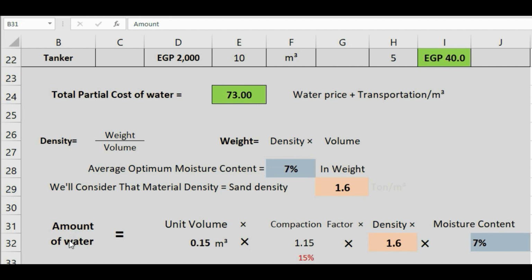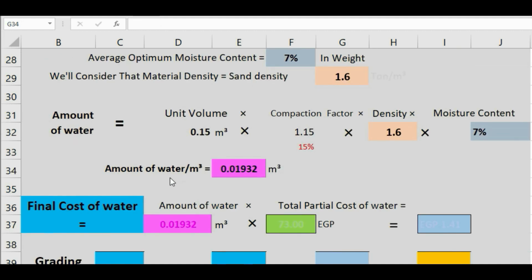Okay, amount of water content equals unit volume of layer multiply compaction factor multiply density multiply moisture content. Amount of water content in this case is almost 0.02 meter cubic. Almost. Or you can say almost 20 liter of water.